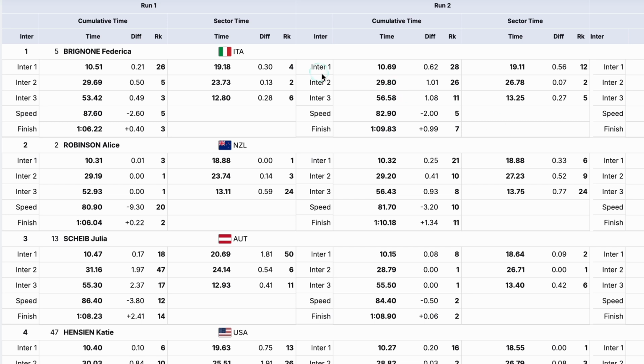But basically, interval 1, this is the time from the start gate all the way until the first interval. This is kind of in a weird layout for me, so I like to visualize it a little bit differently. So if I draw a little diagram here, kind of like this, hopefully this will make sense.